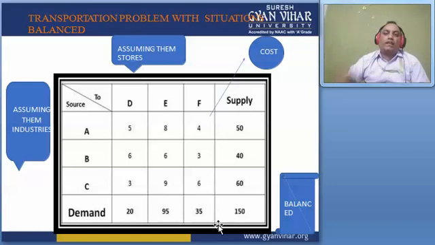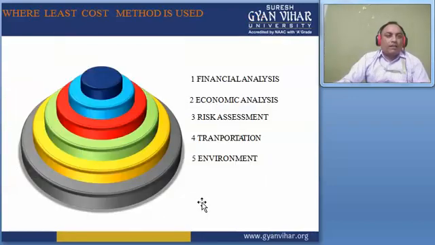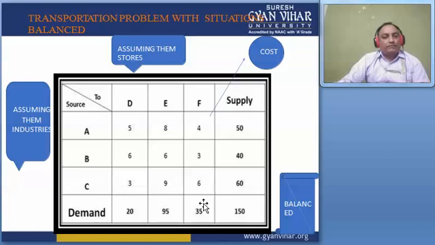This problem again relates to the balanced transportation problem, but here the method is different. So what is the method here? The method is the least cost method.